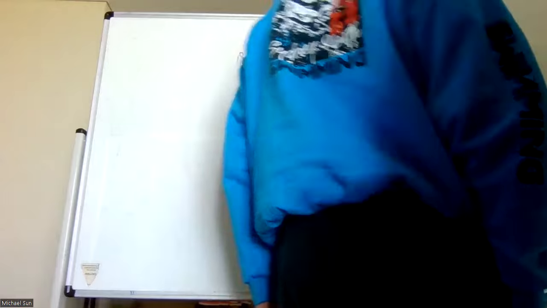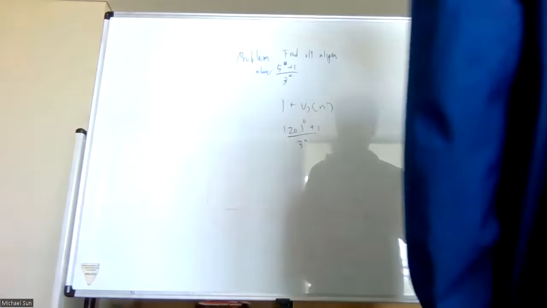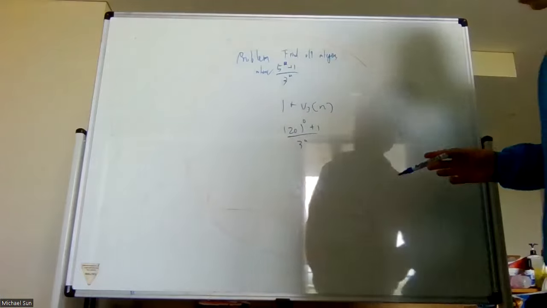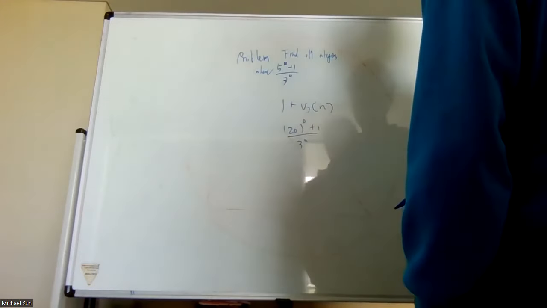What if instead of 5^A, we have 20^A plus 1 over 3^A? How would you try this? Wait, never mind. That's the same thing. My bad. Oh wait, 80. We'll try 80 then.